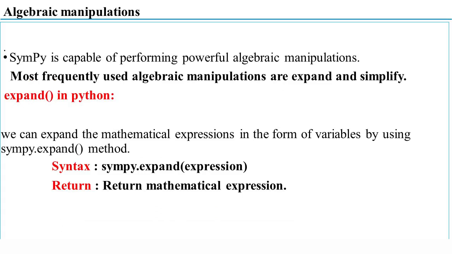Next, algebraic manipulations. SymPy is capable of performing powerful algebraic manipulations. Most frequently used algebraic manipulations are expand and simplify. Expand is a method used in Python. We can expand a mathematical expression in terms of variables by using the sympy.expand method.